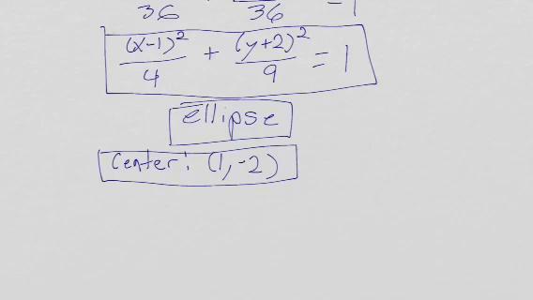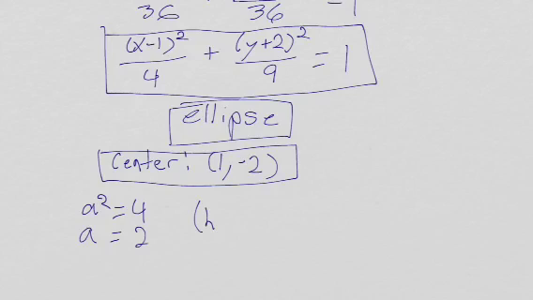So this will be our a squared. So if a squared equals 4, a equals 2, and we can look at our h over here being positive 1.